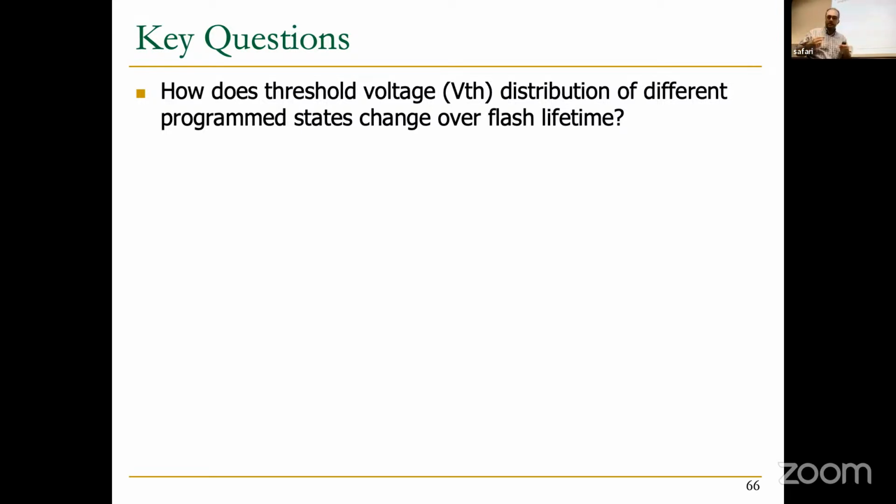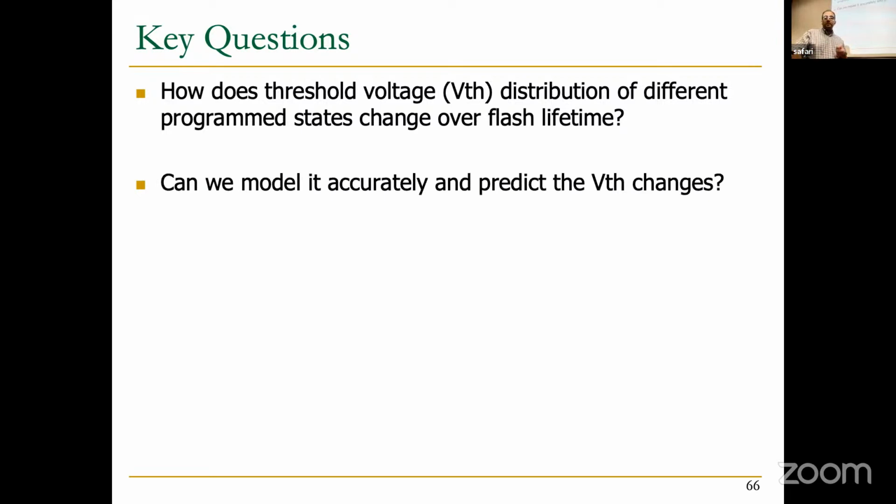We have some understanding, but we really want to model how it changes, so that we can actually predict the threshold voltage. And when you predict the threshold voltage, you can predict the reference voltage that you need to read the device. Currently, devices access the flash chip with a reference voltage and read the page, and for sure you will have some errors.